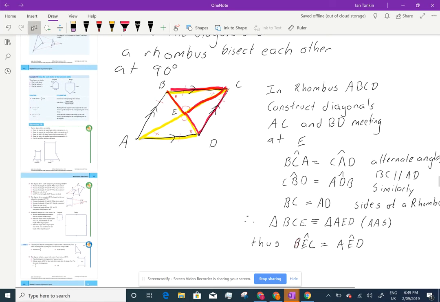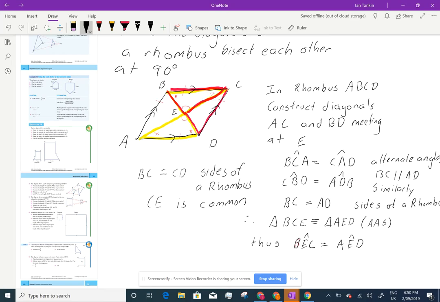So let's take, what do we got? BC equals CD, sides of a rhombus, CE is common, and BD is the base of that isosceles triangle.